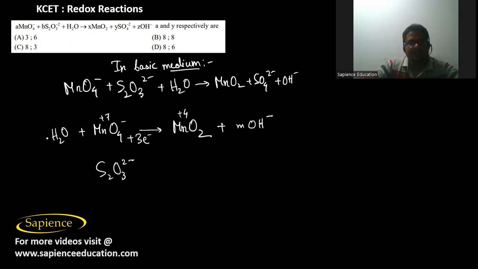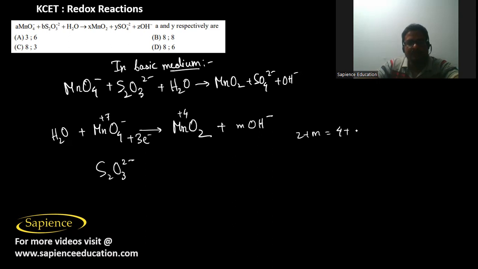So here we need m. So here we have 2 plus m number of oxygens, and here we have 4 oxygens.